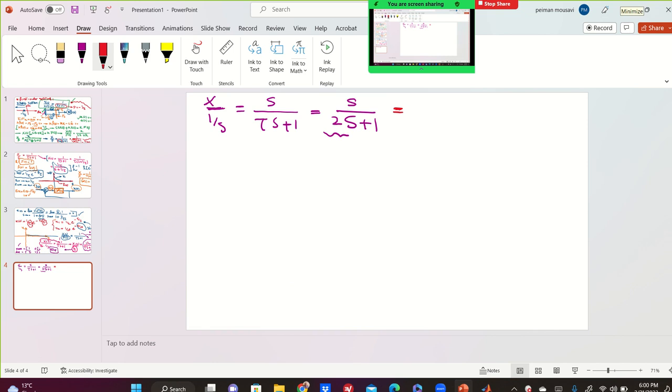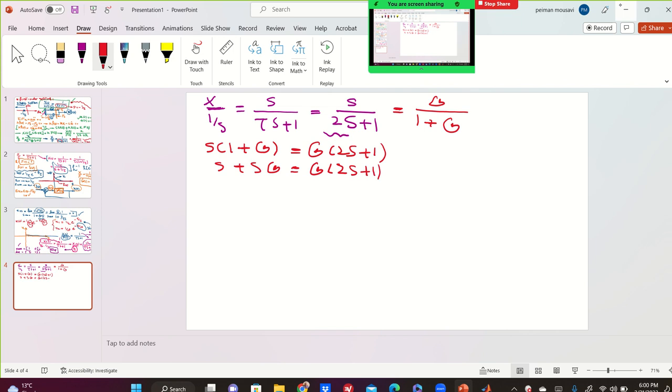But for Simulink, you have to find the open loop transfer function, G over 1 plus G. So S equals G times (2S plus 1) minus S, so the open loop transfer function that you have to implement in the Simulink block diagram is going to be S divided by 2S plus 1.